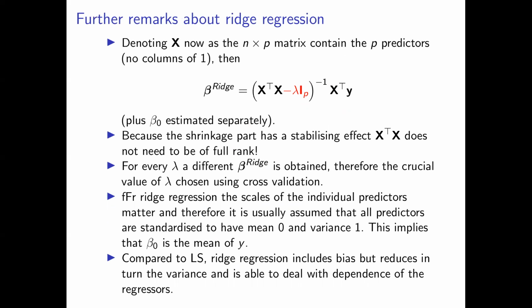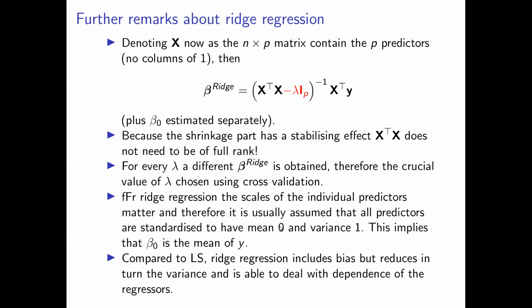And we will select lambda usually using cross-validation, which is why we did this in the previous lecture, as we will need it a lot now for our selection of this relevant auxiliary parameter lambda.